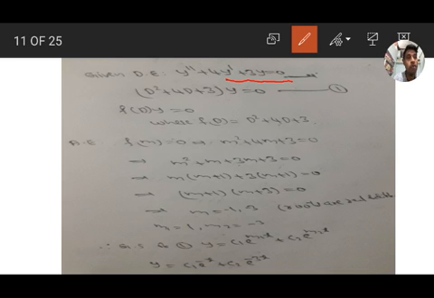First step, what is the symbolic form? y double dash means D square, plus 4D plus 3 of y equal to 0, where f of D equal to D square plus 4D plus 3. So next step, the auxiliary equation: f of m equal to 0, meaning in place of D we substitute m, that is m square plus 4m plus 3 equal to 0.